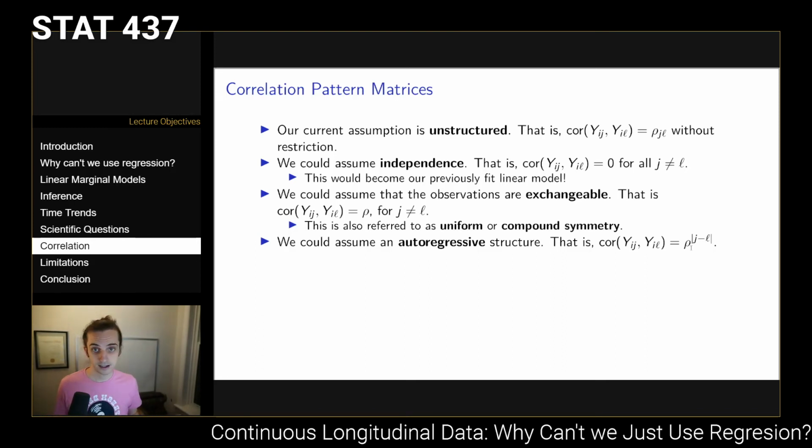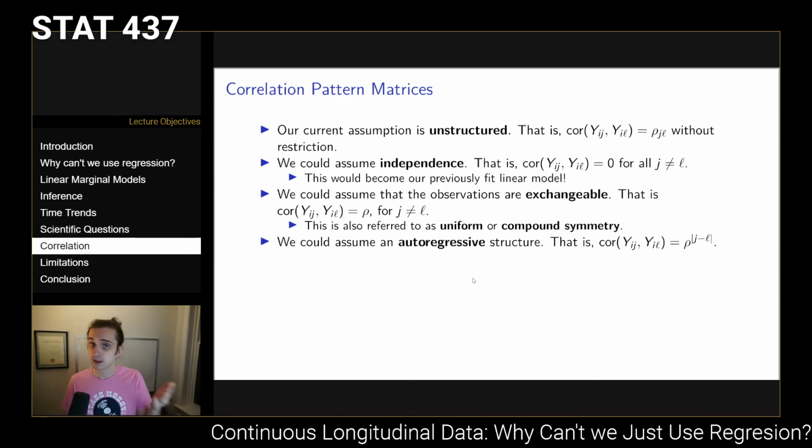And so the idea here is that rho is going to be a value that is between 0 and 1. And so if you raise it to higher and higher powers, the correlation becomes weaker and weaker. And so the further j is from L, the less the correlation is going to be between those. And that captures that natural decay that we were just talking about.